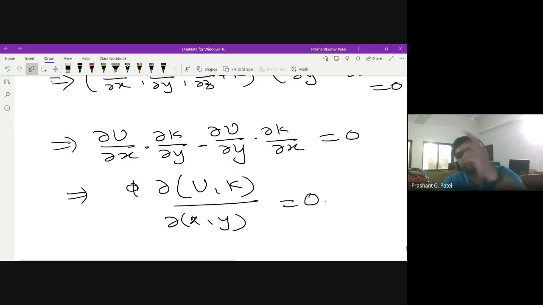As we have used the previous result, one of the lemmas in which we talked about p and q: if they are functions of u and v, if the Jacobian is 0 with respect to x and y, and del k by del y is non-zero, then we can express a function which is independent of x and y.